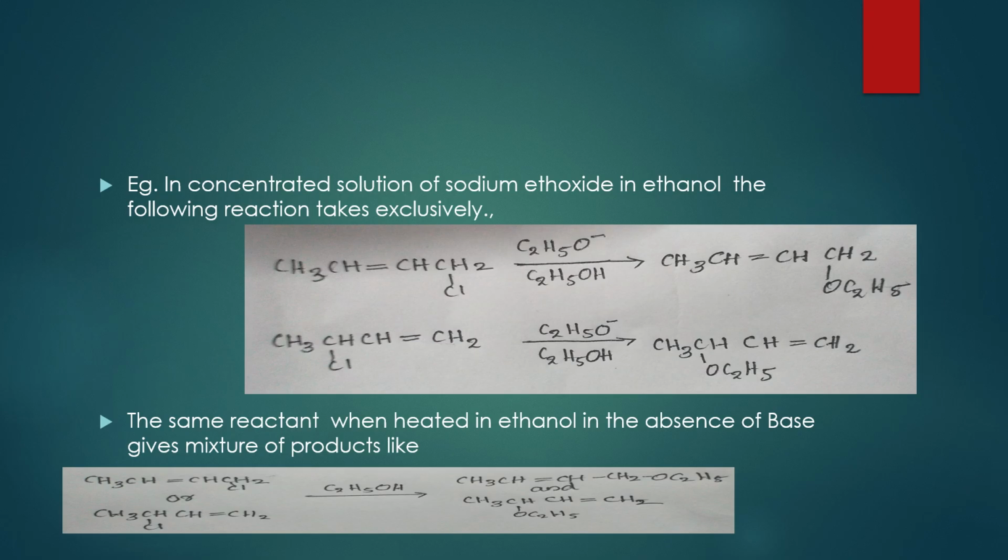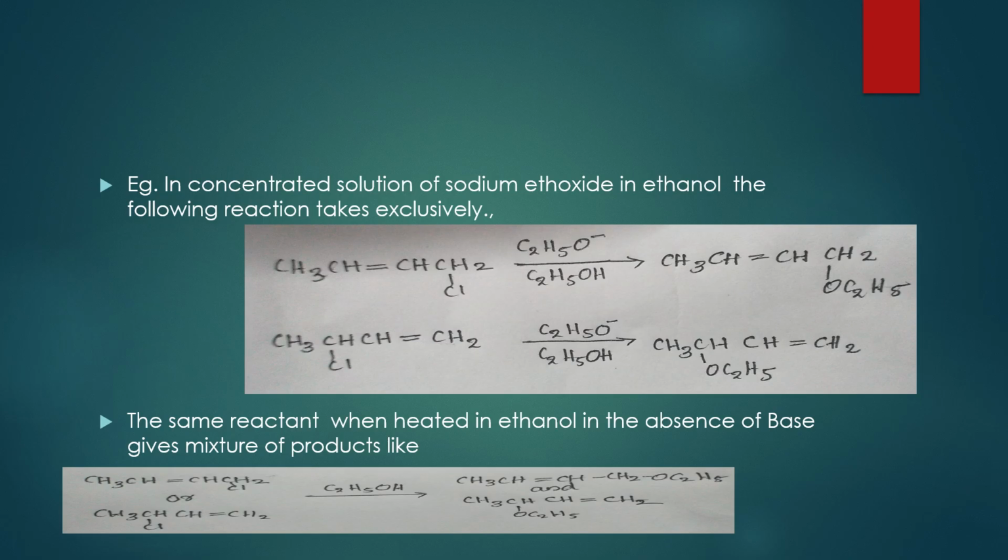The SN1 reaction depends on the concentration of only the alkyl halide. That means it follows first order kinetics, where the rate of the reaction is independent of the concentration of the nucleophile.